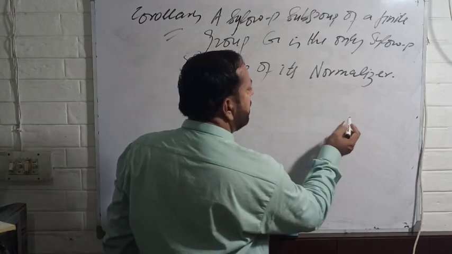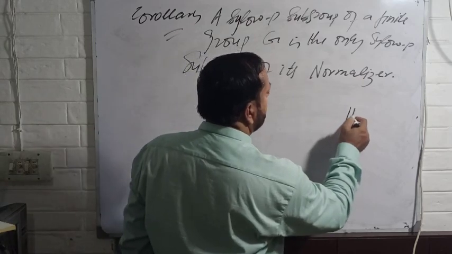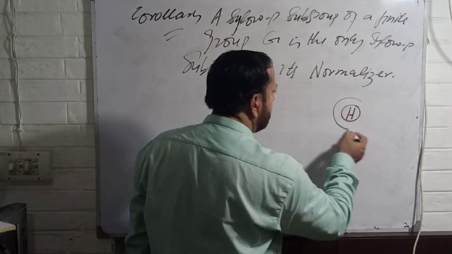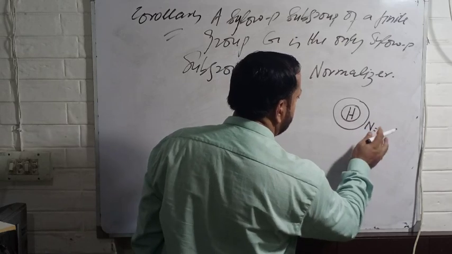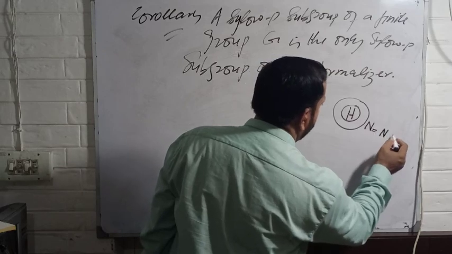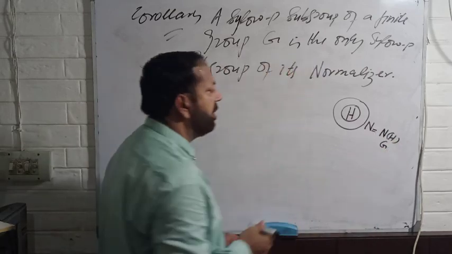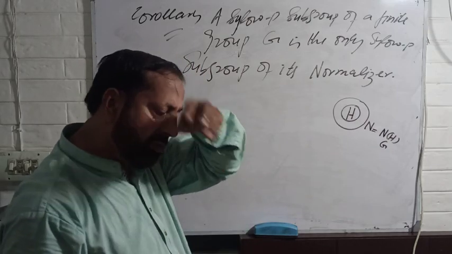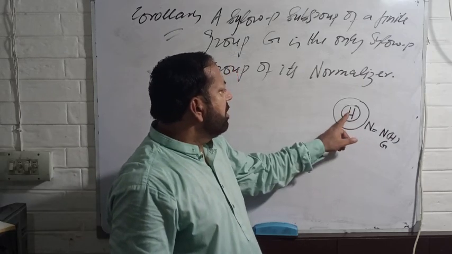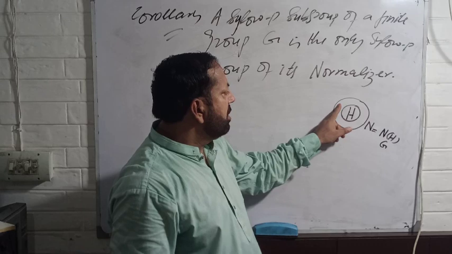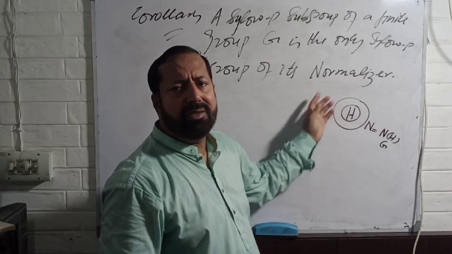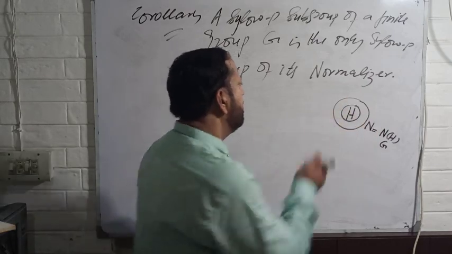Mean to say that if H is a Sylow P subgroup in G and you find its normalizer, that is the normalizer of H in G, and you know that H is a subset of the normalizer, and also H is normal in the normalizer as well, there is no problem. Then H is the only Sylow P subgroup, which means that its normalizer cannot have other Sylow P subgroups other than H.